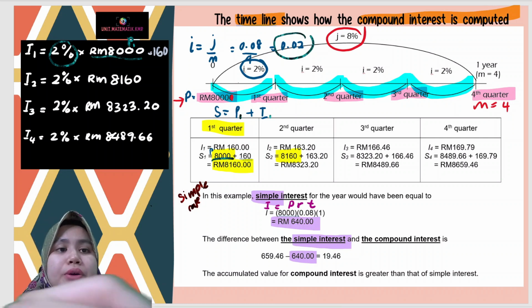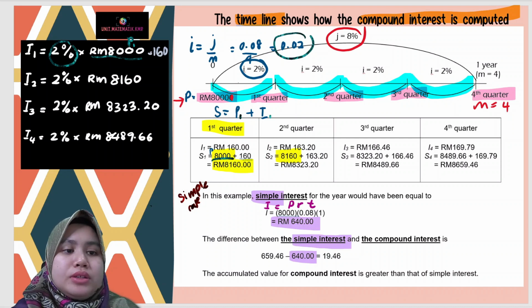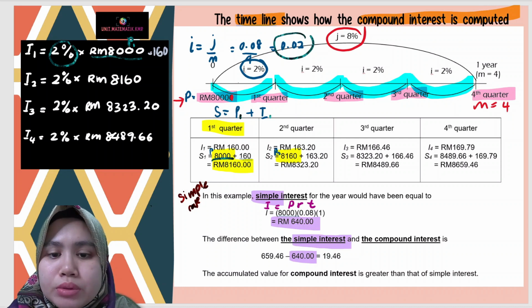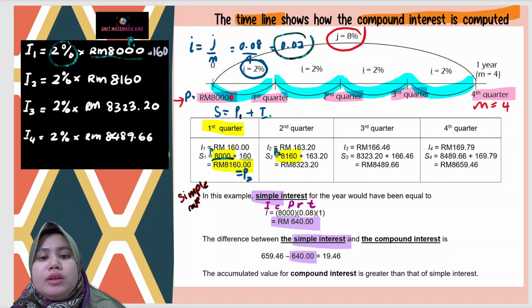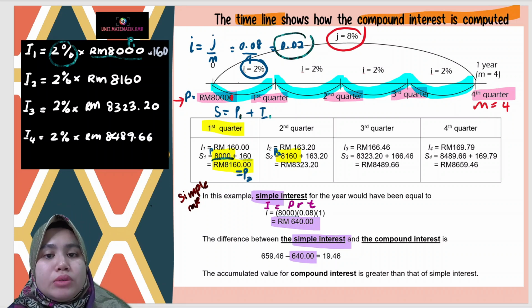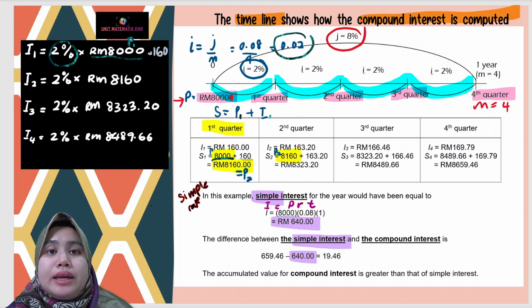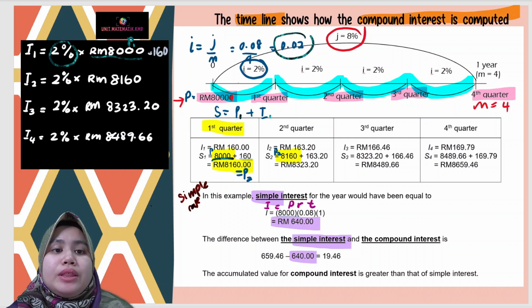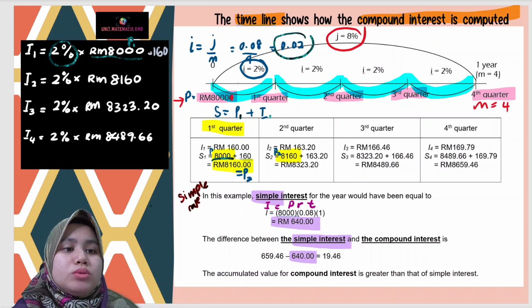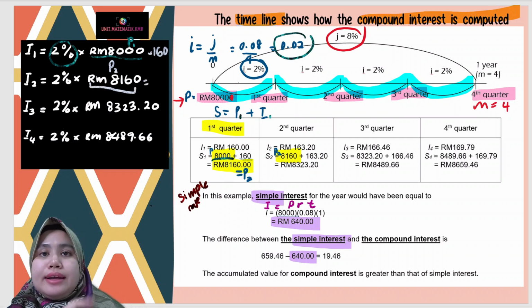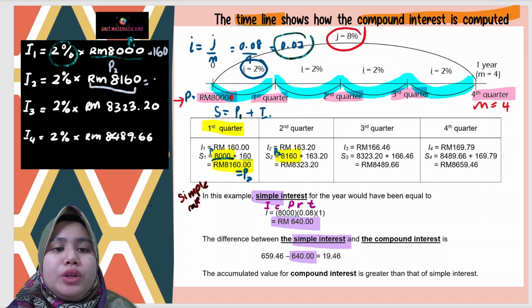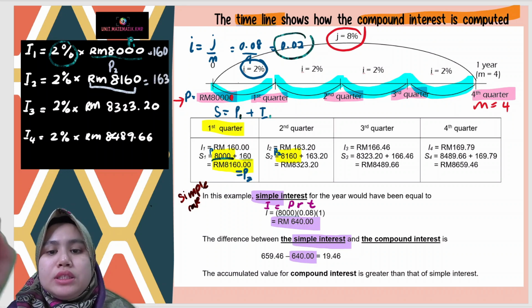So here will be your P2. To find your I2 with the same interest, which is 2%, you calculate with your P2, because that is your latest principal. So you see at the left side, here you will get 163.20.